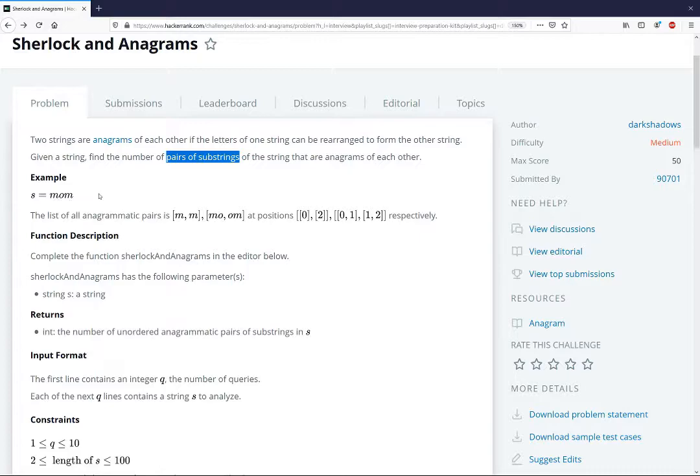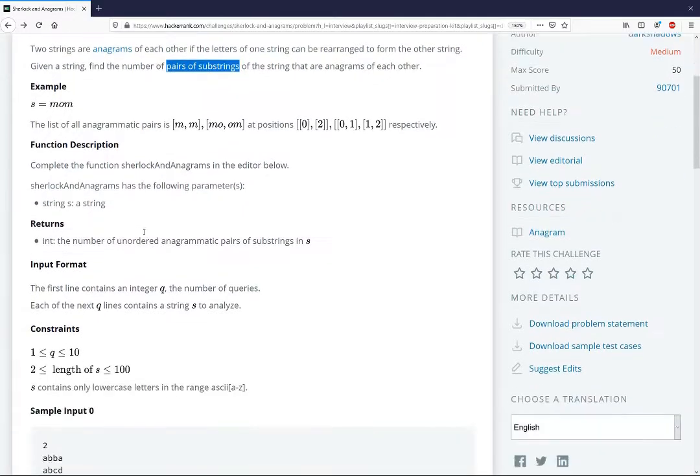But if you're actually talking about all the possible substrings, then MM is a substring. However, that's not included in this problem. For this problem, the substrings have to be connected. So the only substrings of length 2 are MO and OM.